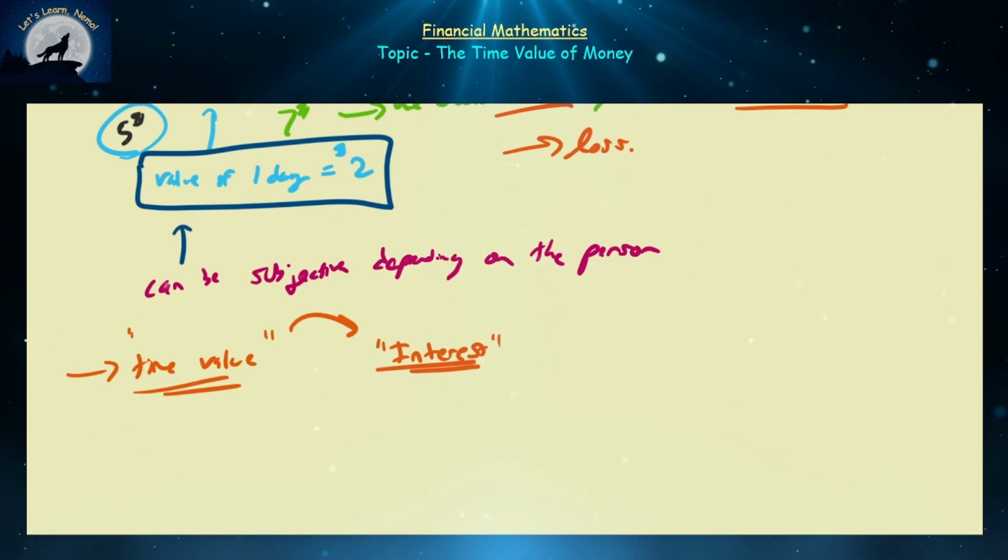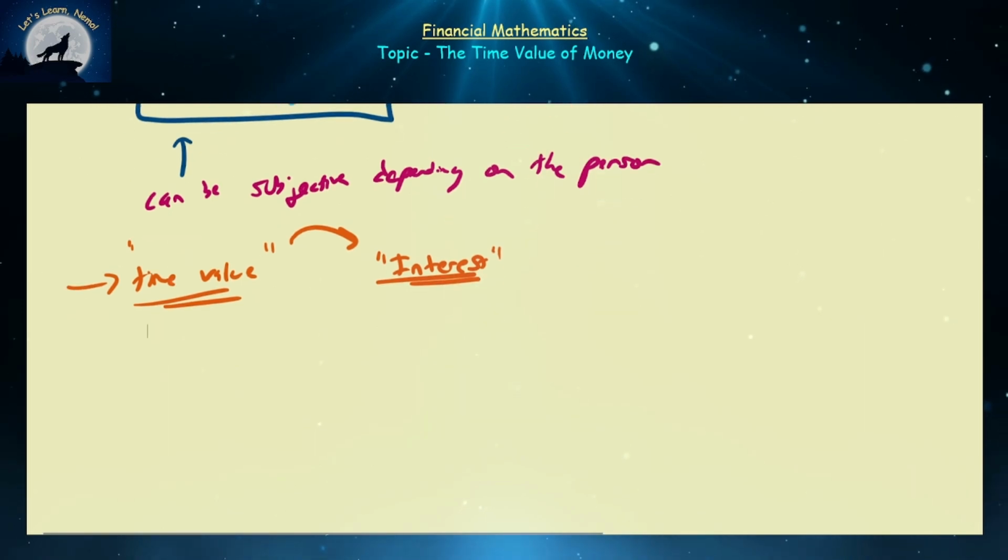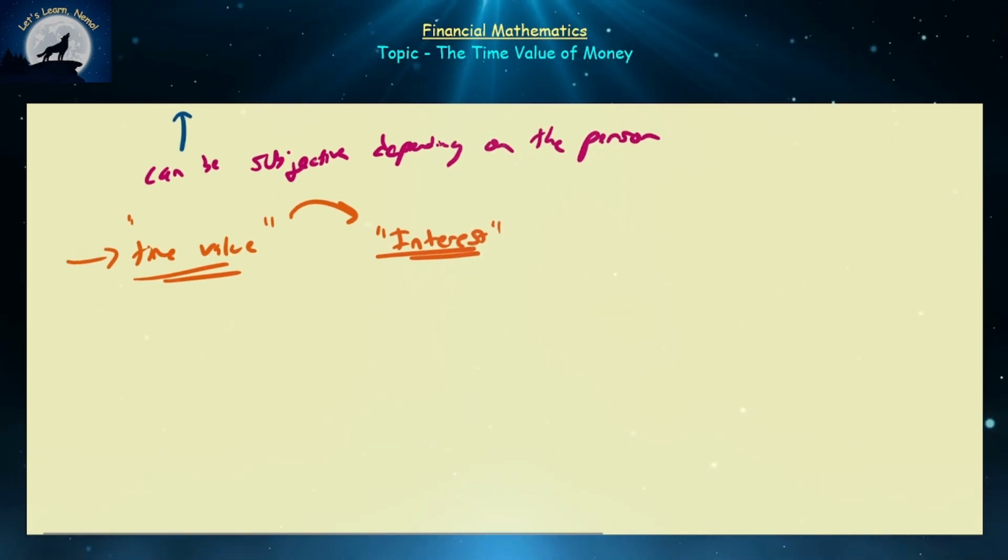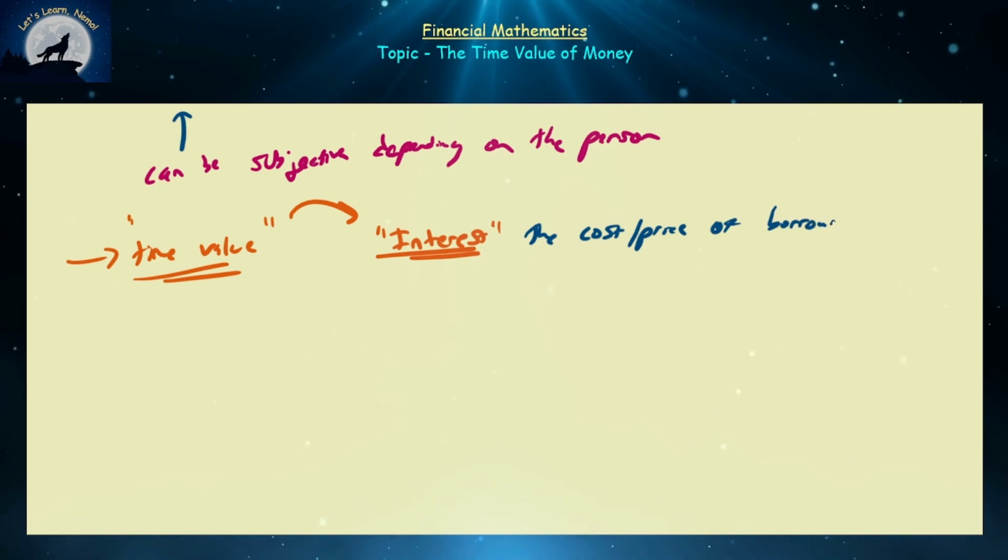So pretty much when you have a loan, there's an interest rate associated to it. Do you think it's high? Do you think it's low? Do you think it's okay, right? So you think about that question from your perspective of how you value time and see if you agree with that particular evaluation of time or not. So how exactly would one define interest? Some people will define interest as the cost or the price, depending on the angle, of borrowing money.